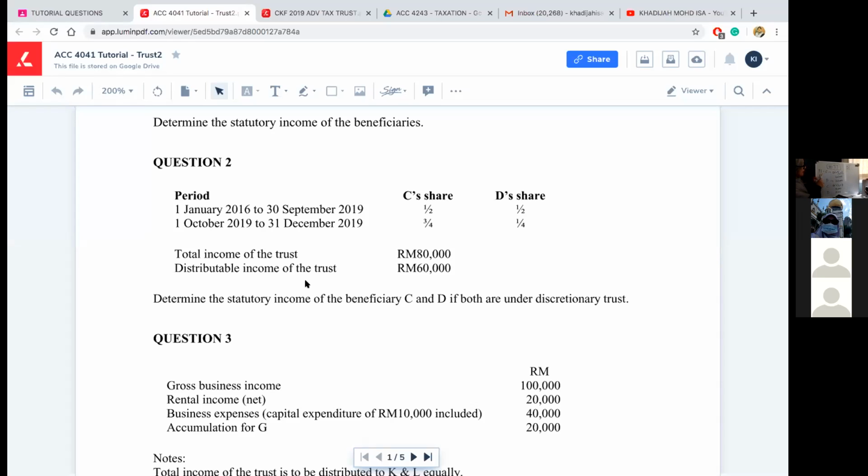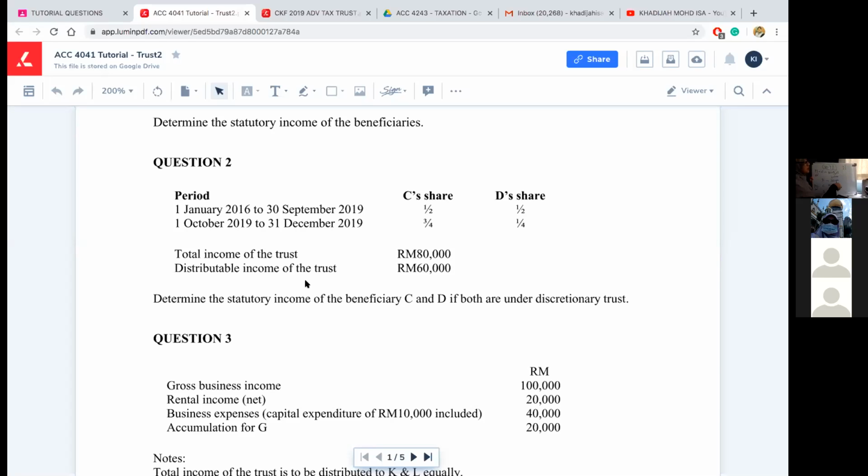For the first period of 60,000, you divide between C and D half-half, so each one gets 30,000. But for the second period, the 20,000 portion for 3 months, C gets 15,000 because entitlement is 3/4. D is 5,000 because entitlement now is 1/4.